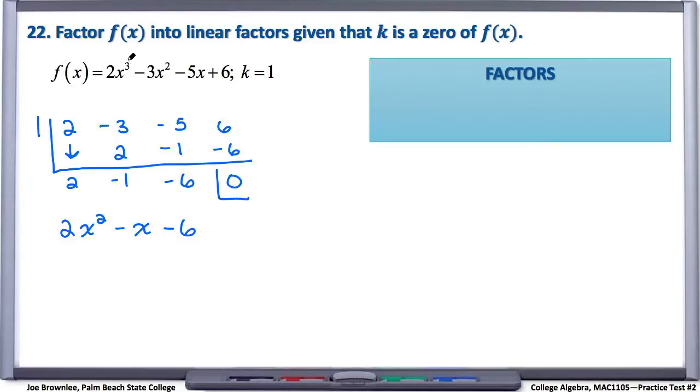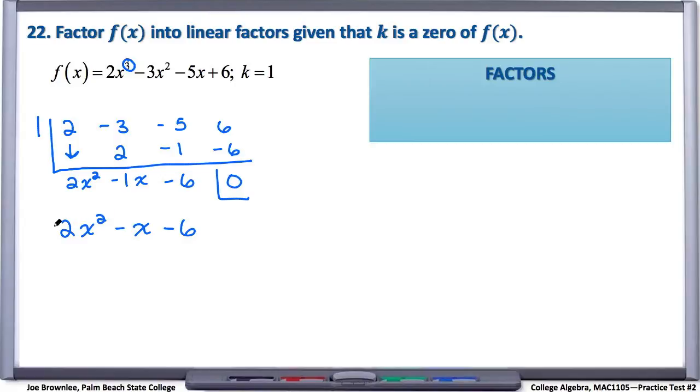We look at what the highest degree was. In this case it was a 3. We drop 1 and start filling in our quotient. So if we start at 2, well, we have 2x squared, minus 1x, but of course we only say minus x. We don't usually write that coefficient of 1, and then minus 6, our constant.